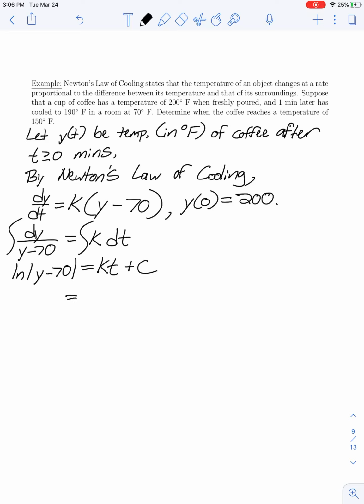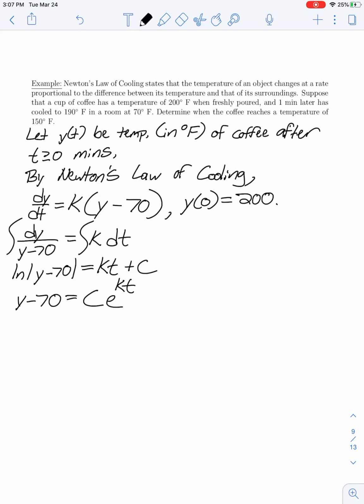And when I exponentiate on this right-hand side, this e to the c term, we've said we could rewrite as a new constant, call it c, times e raised to the kt power. And the absolute value around my y minus 70, I could get rid of by making that constant a positive or negative constant.